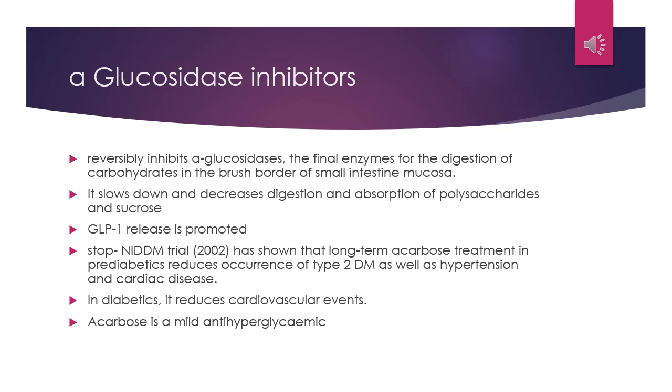It also helps in releasing GLP-1, glucagon-like peptide 1, which is released when we consume a meal. The STOP-NIDDM trial in 2002 has shown that long-term acarbose treatment in pre-diabetics reduces occurrence of type 2 diabetes mellitus as well as hypertension and cardiac disease. In case of diabetics, it reduces cardiovascular events.